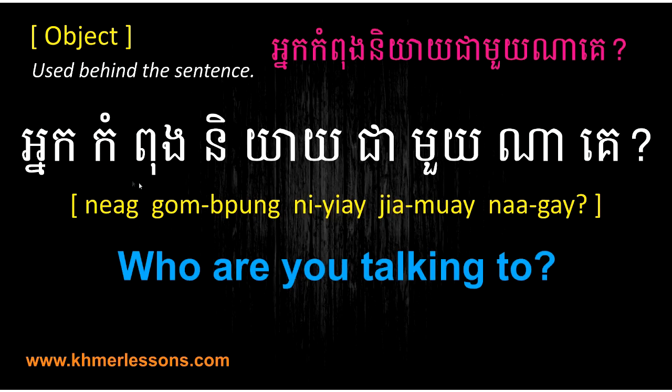កំពុង is ing, because you use talking. និយាយ is to talk. ជាមួយ means with. Although in the English sentence you don't use with, in Khmer you have to use ជាមួយ, because talk to someone is the same as speak with someone.